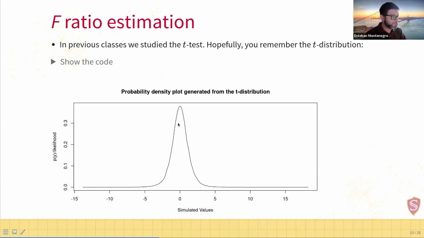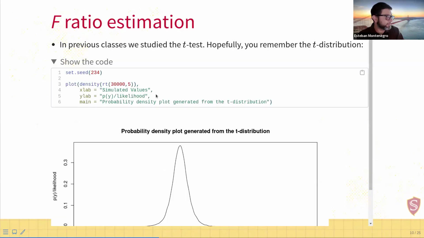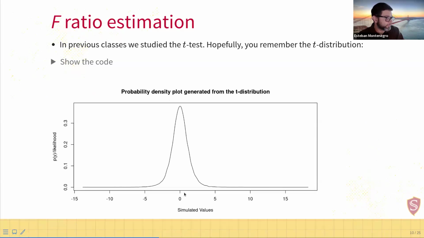So the F distribution looks very similar to the normal distribution, to be honest, and very similar to the t-distribution. You will have negative values and positive values. It doesn't have zero all the time. In this case, the simulated values that I created are more towards zero, but the mean could be located at different places, right?